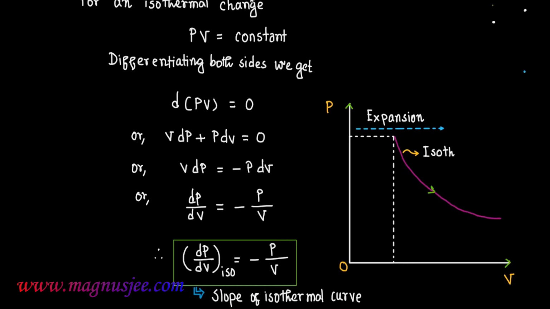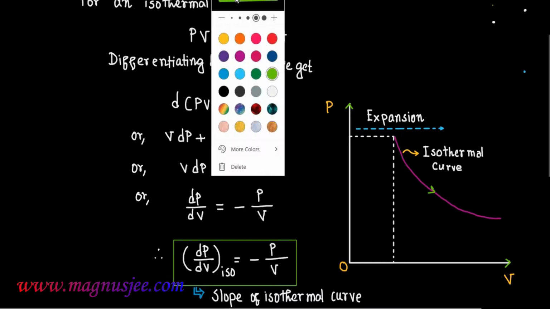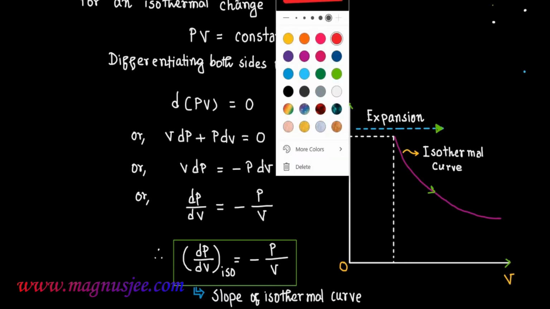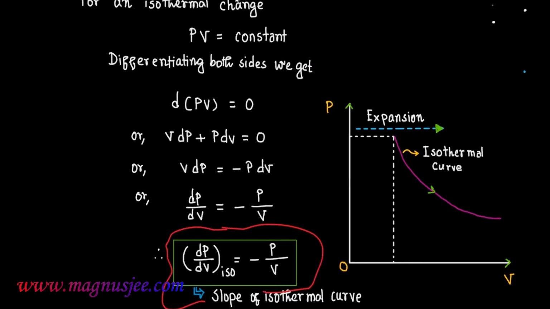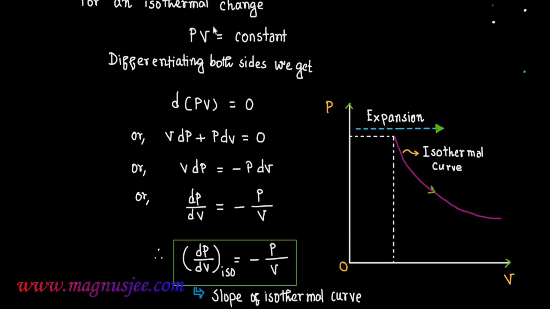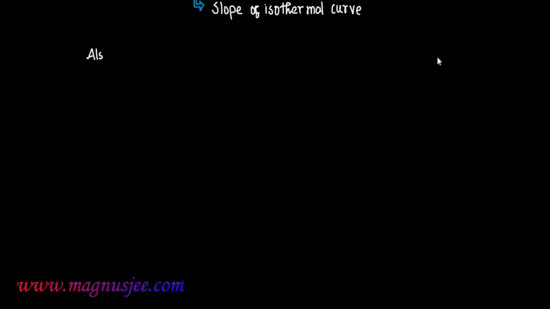This pressure versus volume curve is known as the isothermal curve, having slope (dP/dV) iso equals minus P by V. The negative sign indicates that the slope is negative and the curve will have downward curvature. That means if we increase the volume, then pressure decreases.